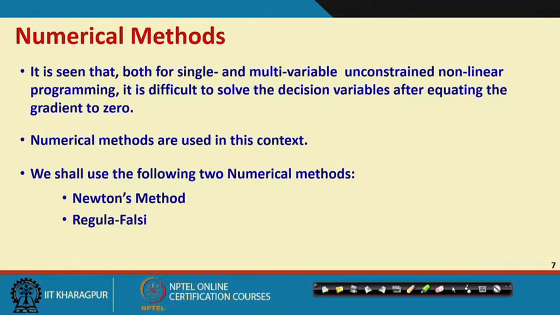In this lecture, we are going to discuss two such methods, Newton's method and the Regula-Falsi method. Once again, why do we need these numerical methods? They are required to solve unconstrained nonlinear programming problems, particularly when we equate the gradient to 0 but the resulting equation is of higher order and difficult to solve directly.